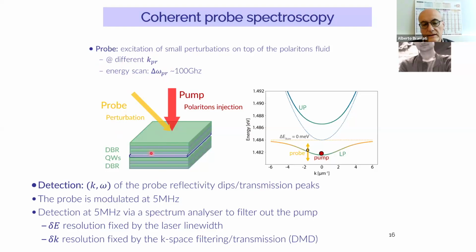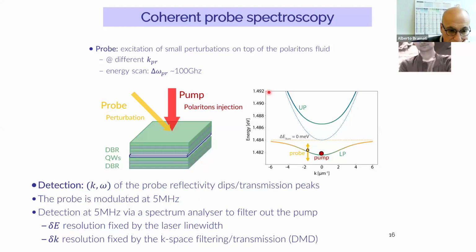So we fix the wave vector and we scan the energy of the probe. When the probe is in resonance with the Bogoliubov mode, it is efficiently transmitted, and by measuring the transmission peak or the reflection dip, we can reconstruct the whole Bogoliubov dispersion slice by slice. The important point is that here the probe is modulated at 5 MHz, and this allows us to detect the probe via a spectrum analyzer and to filter out the pump very efficiently, and then we can observe at very low wave vector.